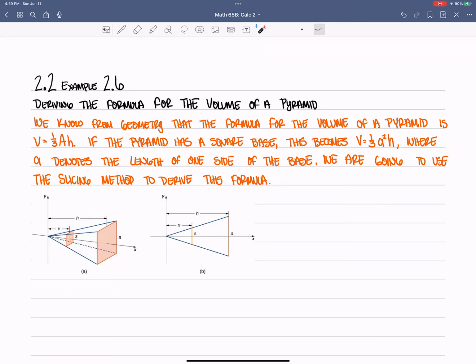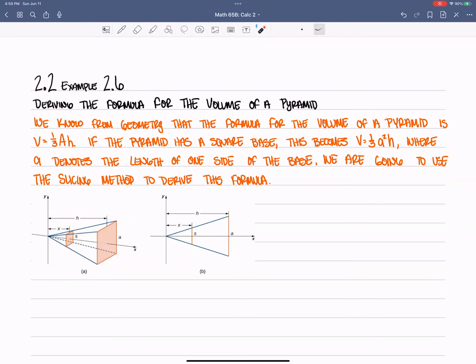So the slicing method tells us that we can integrate here, since we can make all of these slices exactly the same distance apart, an infinite amount of slices, and integrate with respect to whatever our slice is as it gets bigger and bigger.